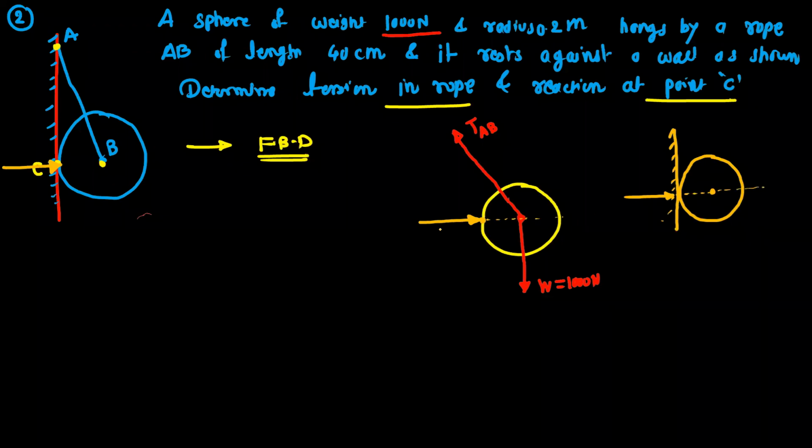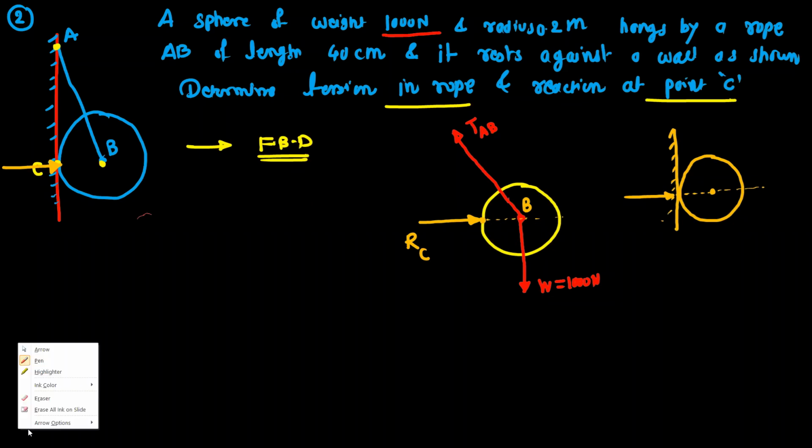Okay, so similarly here you can show the reaction. So this reaction is RC. It will pass through the center point. So the point is B. Okay, so this is your complete free body diagram.